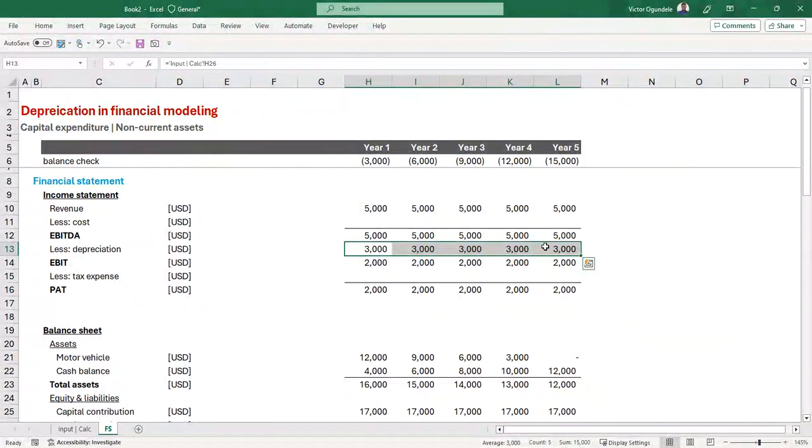So it's not as if every year we are paying another cash of $3,000. No, we've recognized it initially. So it becomes a non-cash expense line item, because we've already recognized the expense in our cash flow, the whole thing in year one.